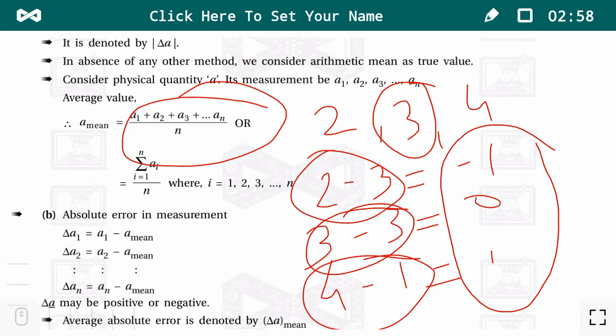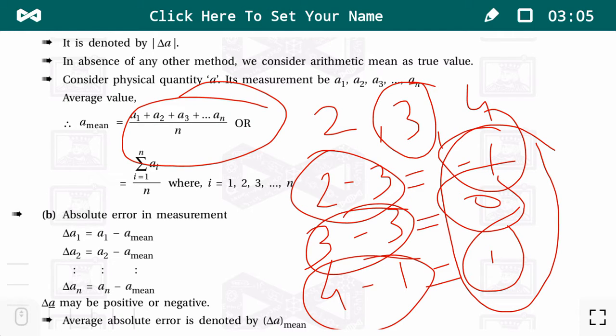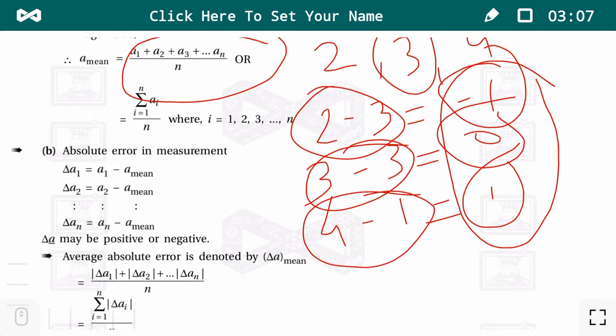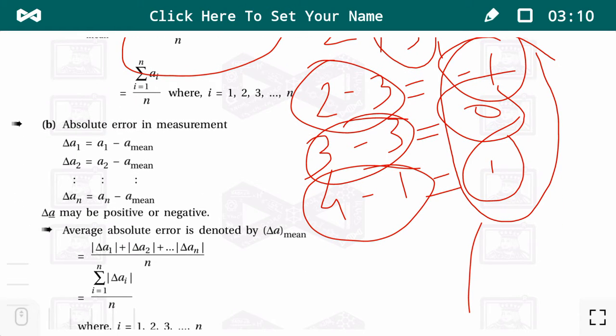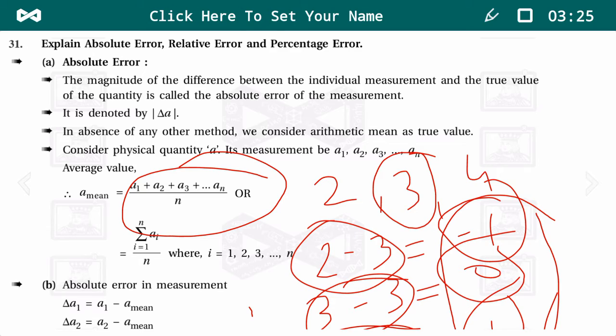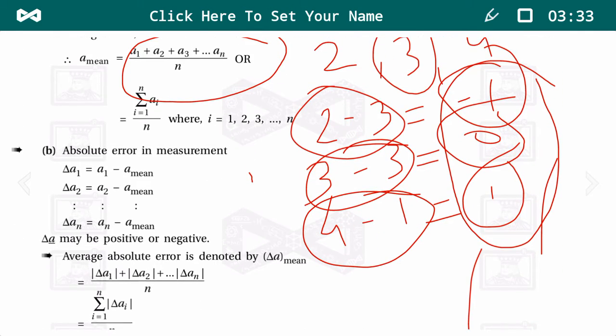Absolute error can be negative, positive or 0. This is the important thing.